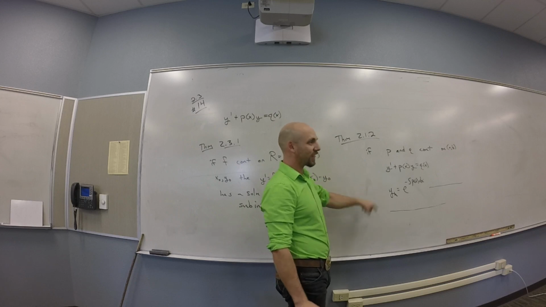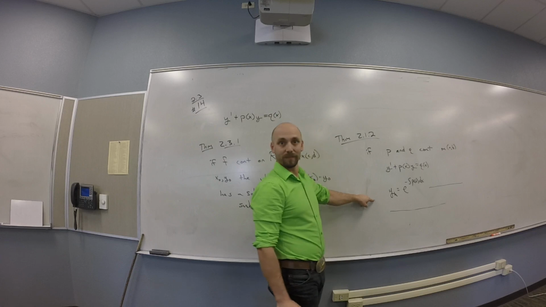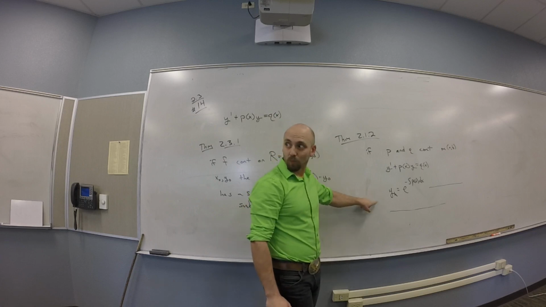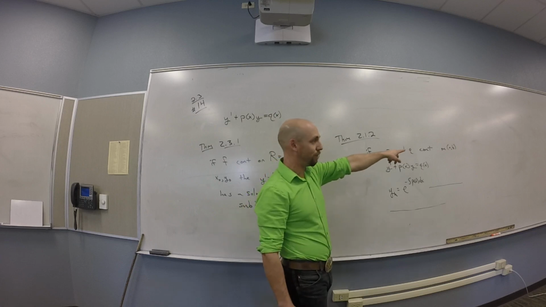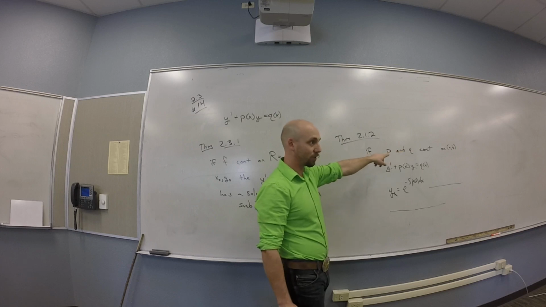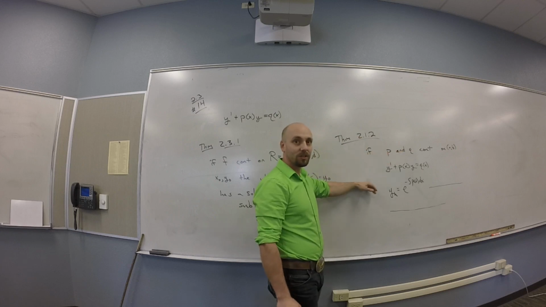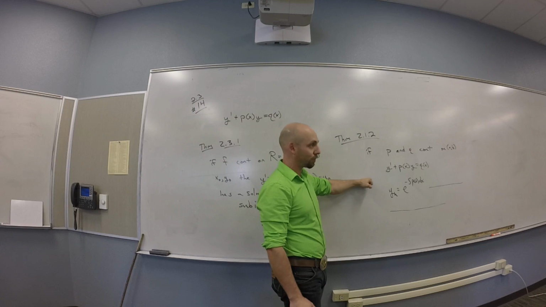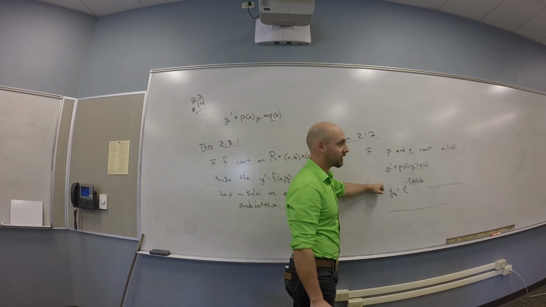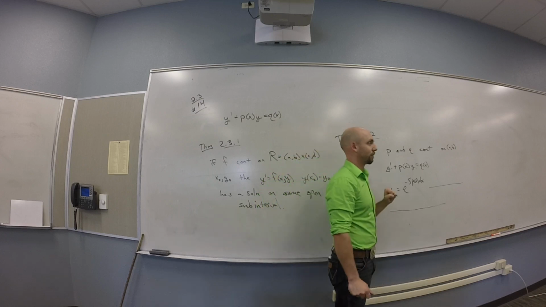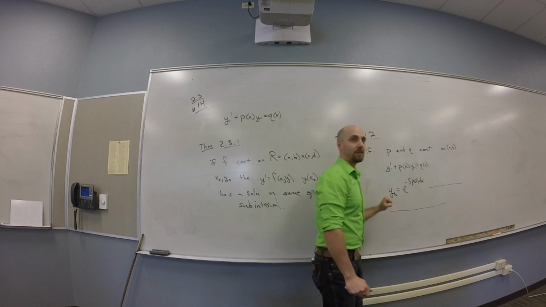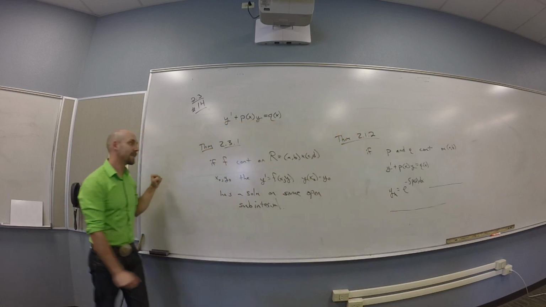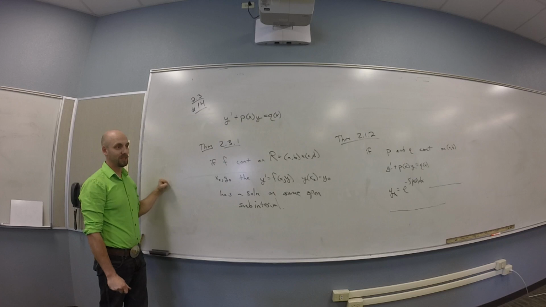That solution looks like this. You guys see that? And it works on all of AB, where p and q are continuous. So as long as you've found an interval that's as big as possible for continuity, this is the solution and it works the whole time. As opposed to what the existence and uniqueness theorem says, which is substantially weaker.